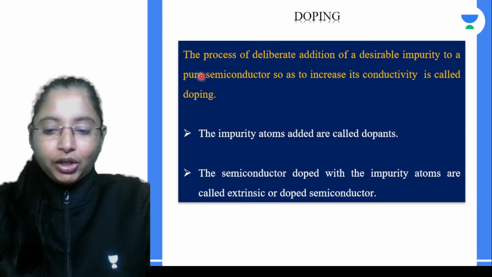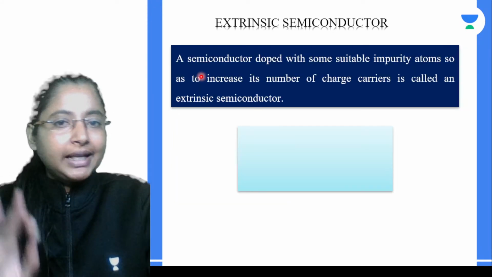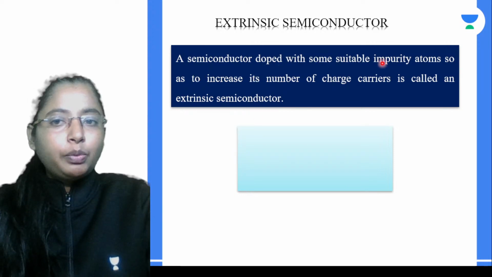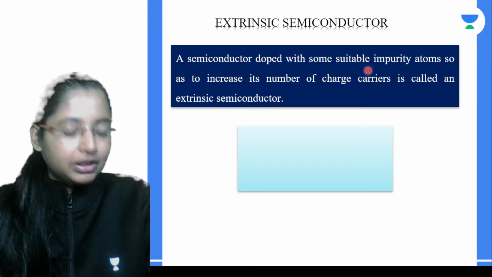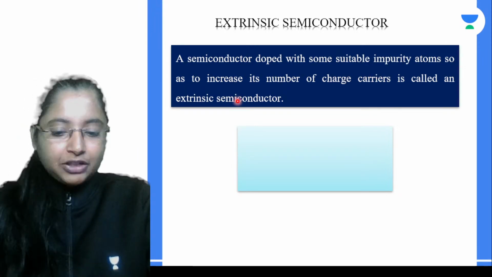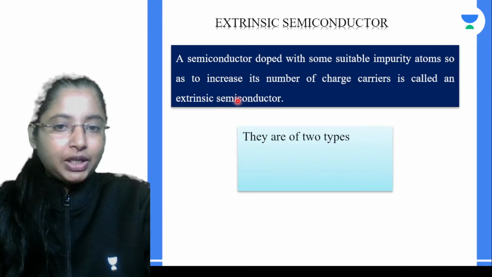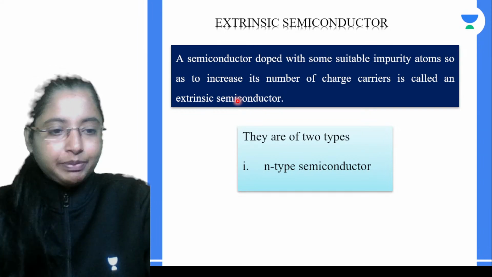Now, before we go into extrinsic semiconductors: you dope an intrinsic semiconductor, you get an extrinsic semiconductor. A semiconductor doped with some suitable impurities, because you want to increase the number of charge carriers, or the conductivity, is called an extrinsic semiconductor. There are 2 types of extrinsic semiconductor. One is an N-type semiconductor.